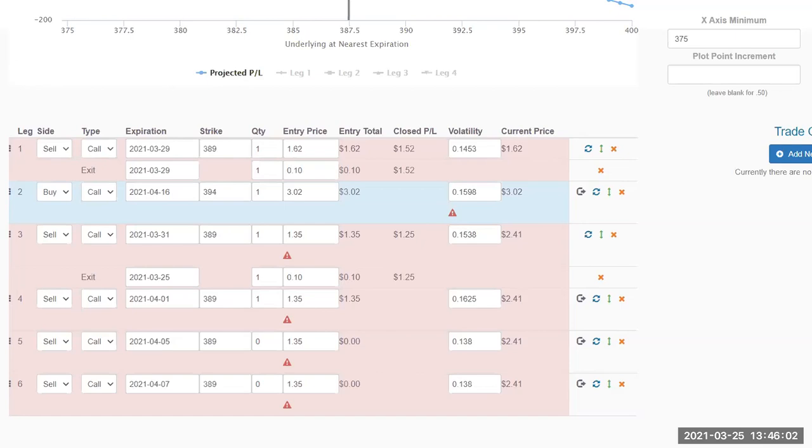So that's 1, 2, 3, 4, 5, 6, 7, 8 times that I can sell a call against this one long if I wanted to. 8 times I can bring in premium against this one long if I wanted to.